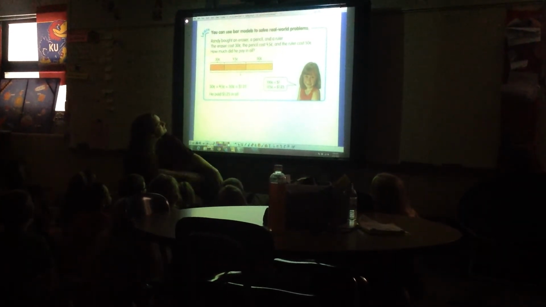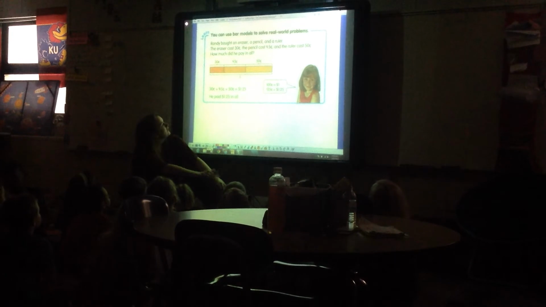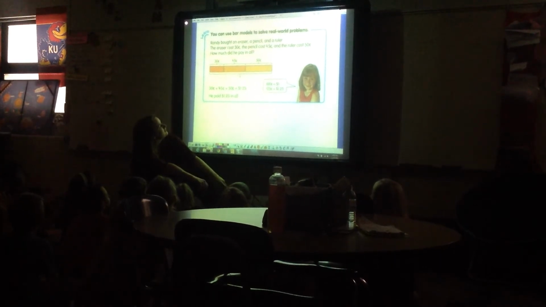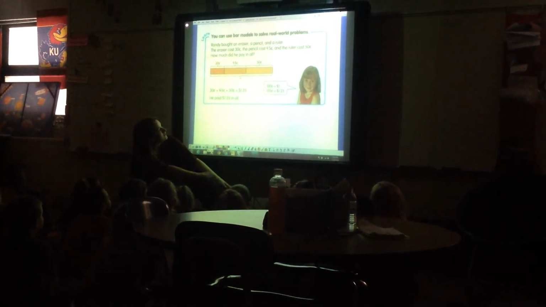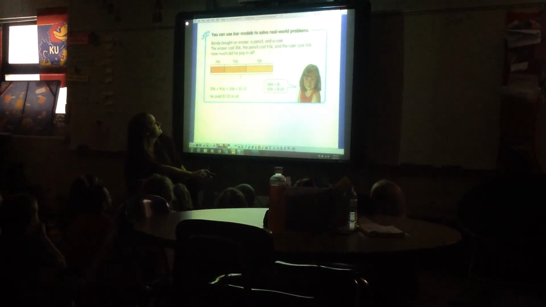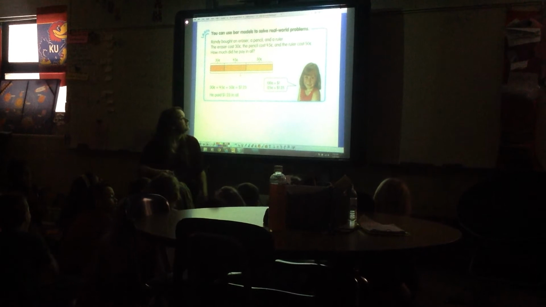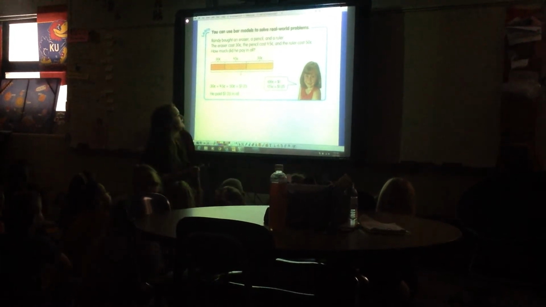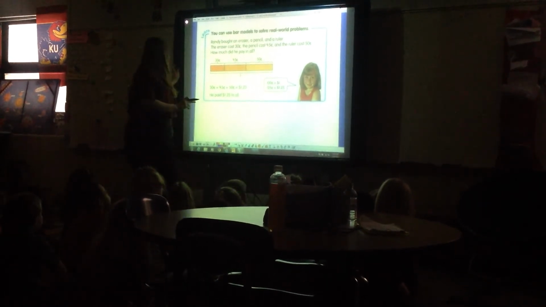Randy bought an eraser, a pencil, and a ruler. The eraser cost 30 cents. The pencil cost 45 cents, and the ruler cost 50 cents. How much did he pay in all? Okay, see what he did here?